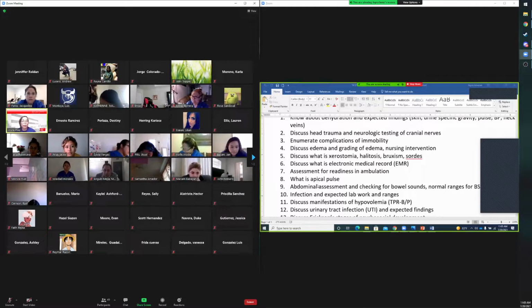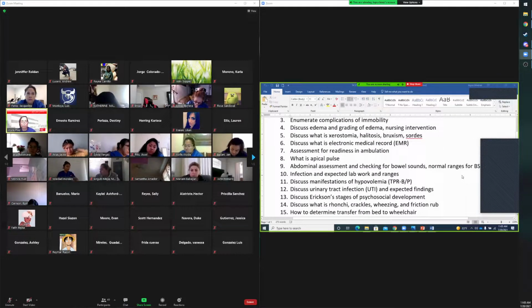Apical pulse. What can you say about apical pulse? Left mid-clavicular, fifth intercostal space. It is the true beating of the heart. Okay. Apex, sound of the heart, apical apex, no? You already know when do you count for a whole minute, right?